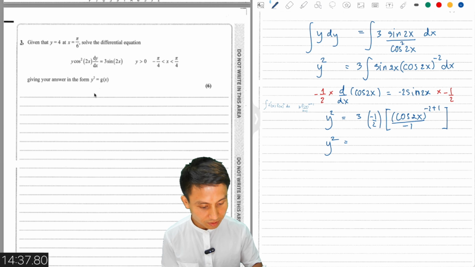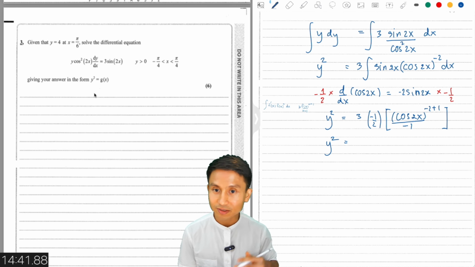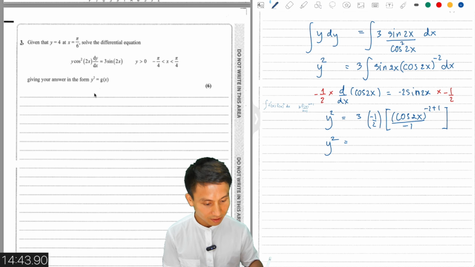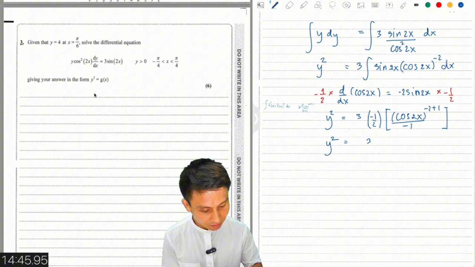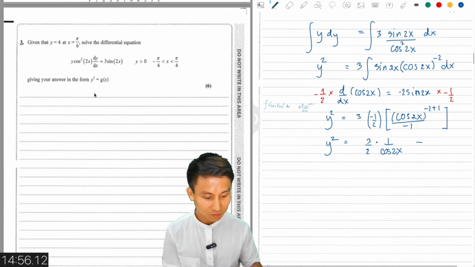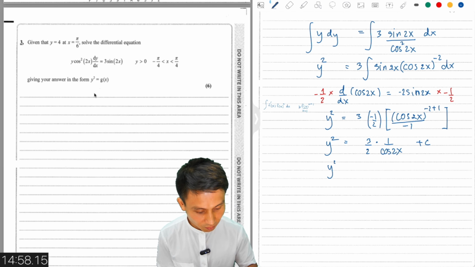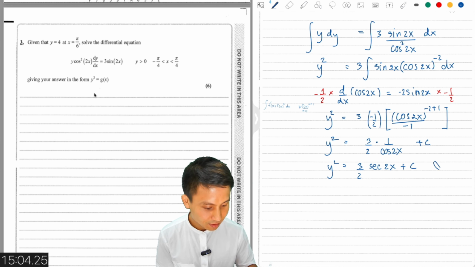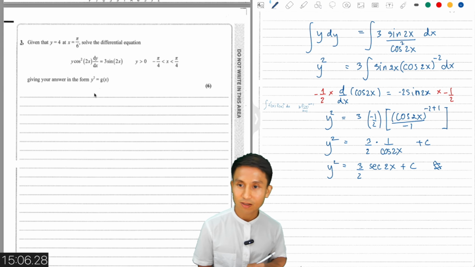This is indefinite integration, so that's fine. If I take the minus sign out, I get 3 over 2 here, and then times 1 over cos 2x. So that's y squared, maybe plus c as well. So y squared equals 3 over 2, and 1 over cos is sec, isn't it? So that would be the answer by the first method.